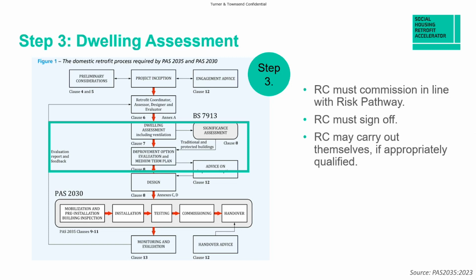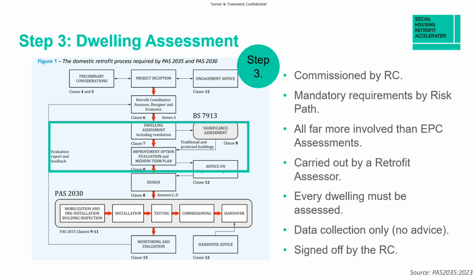So they would need to have the domestic energy assessor qualification and the additional qualification to make themselves a retrofit assessor. Okay, the next bit is, so it's commissioned by the retrofit coordinator. We have a look at the mandatory requirements by the risk path. We've said a lot of this stuff already. So every dwelling must be assessed.